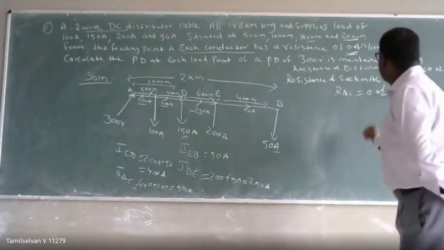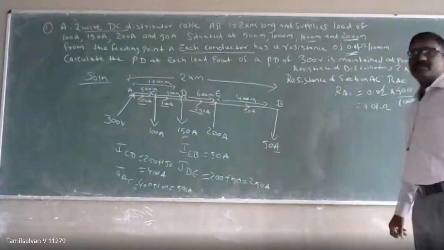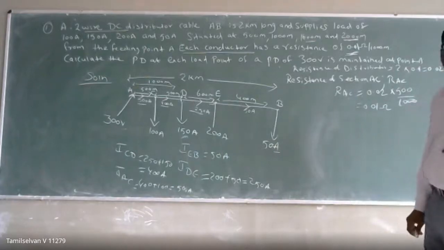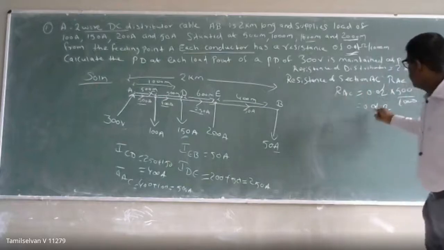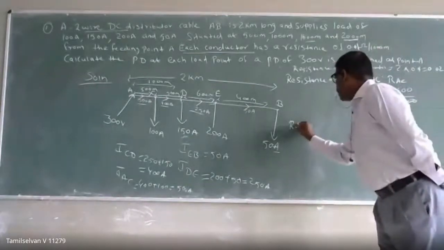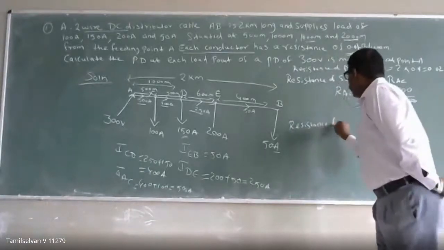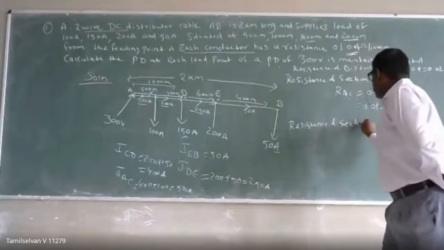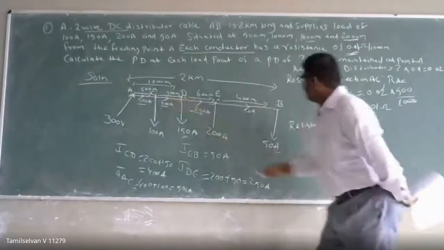1 by 2. So 1 by 2 means this value is equal to 0.01 ohm. So it means my section resistance AC will be equal to 0.01. Similarly, I can calculate the resistance of section CD.